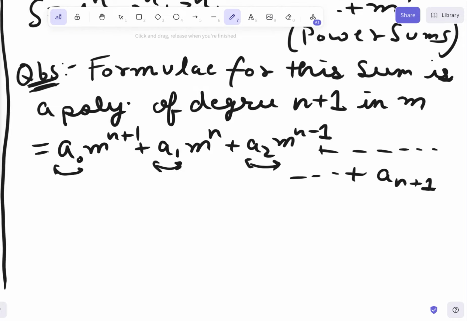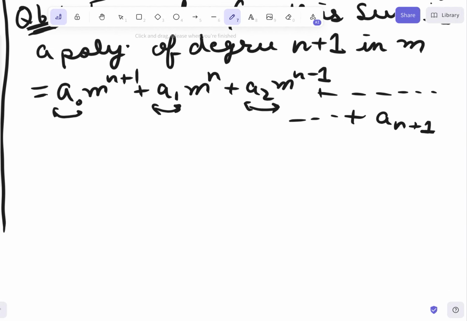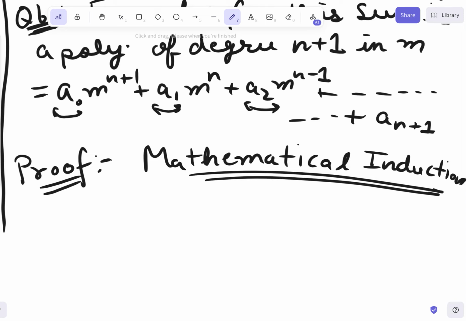So let's try to prove this claim, and as part of the proof we'll also find a method of how to calculate these things. So for proof we'll use mathematical induction. Mathematical induction is a fairly common technique which is used in a lot of proofs related to maths.